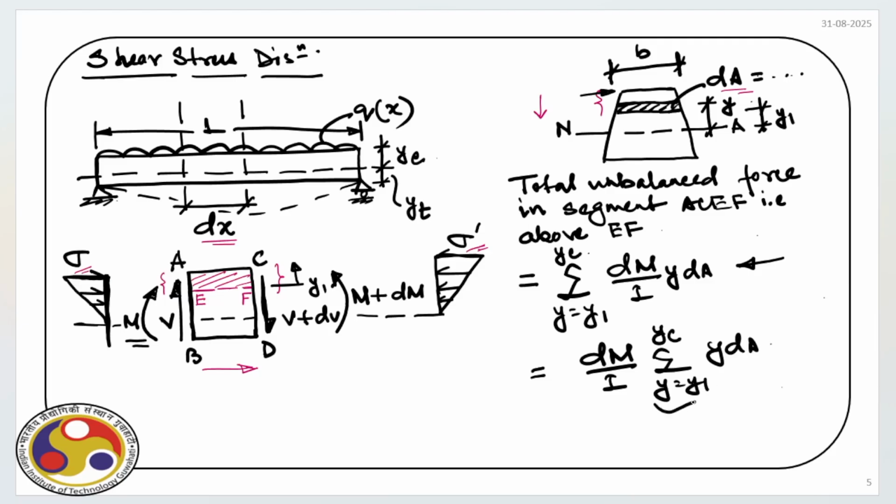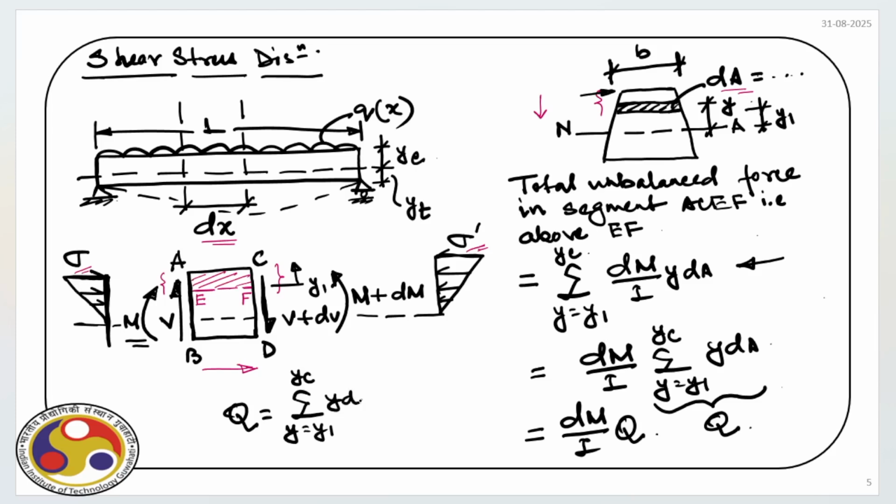Now obviously this is the first moment of area of the section marked with red hatch lines about the neutral axis. So let this be Q. So the unbalanced force is dM by I times Q. What is Q? Q is equal to summation y equal to y1 to yc of y dA, which is nothing but the cross-sectional area A times y bar.